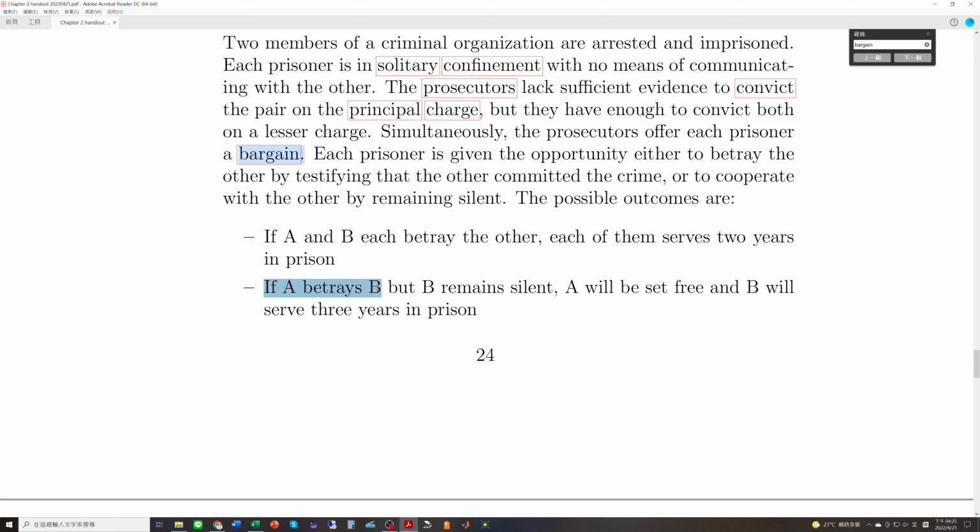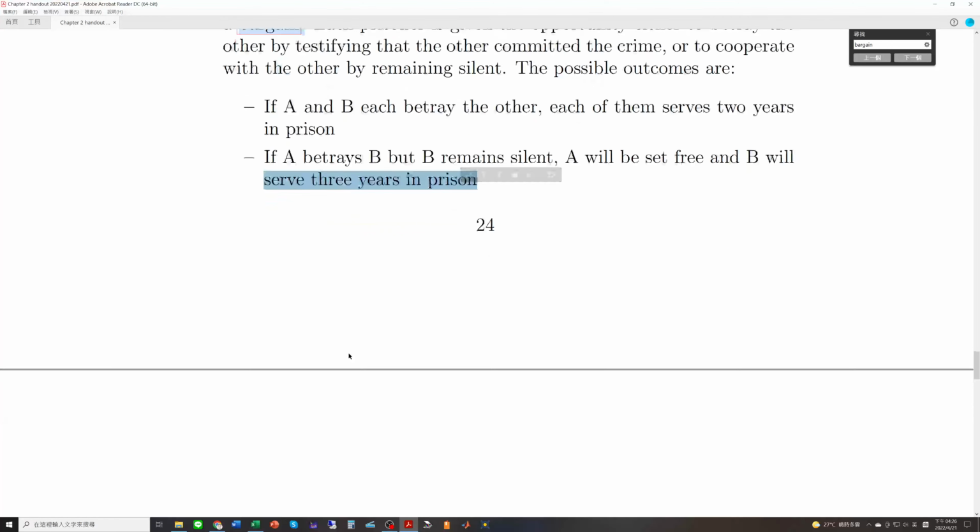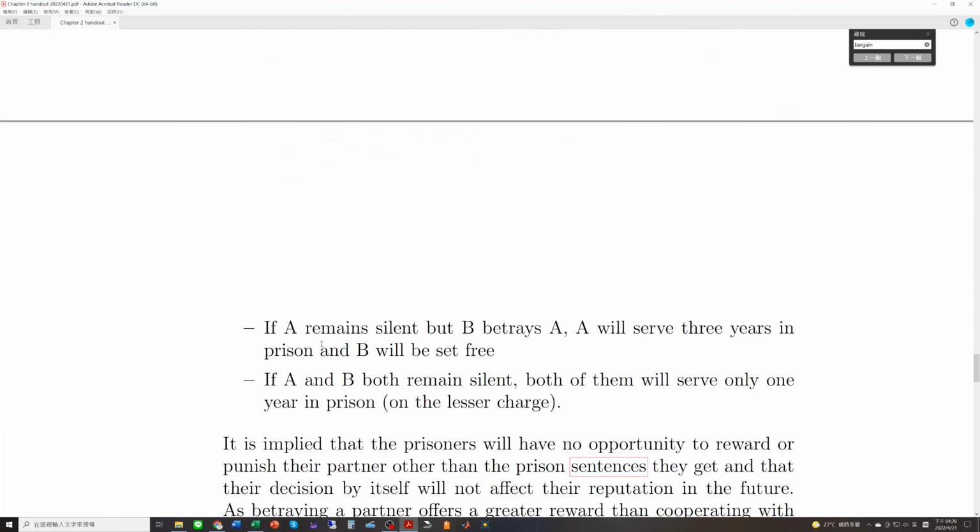If A betrays B, but B remains silent, A will be set free and B will serve 3 years in prison. If A remains silent but B betrays A, A will serve 3 years in prison and B will be set free. If A and B both remain silent, both of them will serve only 1 year in prison on the lesser charge.